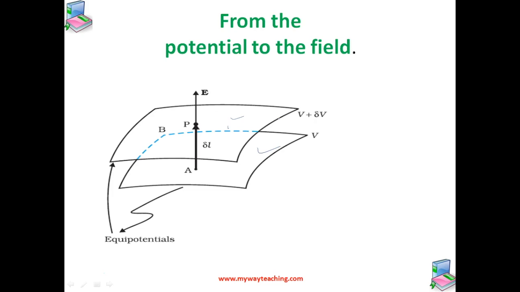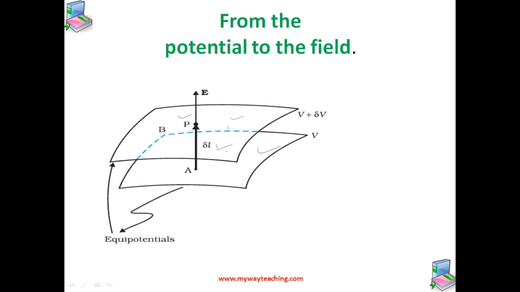They have potential values V and V plus delta V, where delta V is the change in V in the direction of the electric field E, and let P be a point on surface B. Delta L is the perpendicular distance from surface A to P, from surface B to surface A.